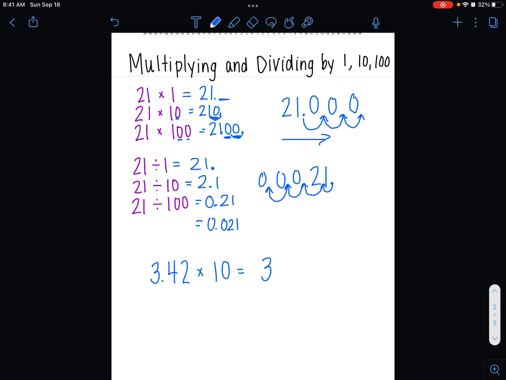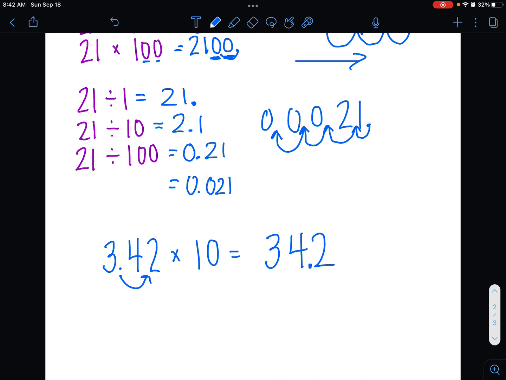So 3.42, if we're moving the decimal to the right one time, it's going to be between the 4 and the 2. So 34.2 instead of 3.42. Now, let me say these numbers correctly. 3.42 is really 3 and 42 hundredths, because this 2 goes to the hundredths place. Now this one is 34 and 2 tenths, because this 2 is in the tenths place.